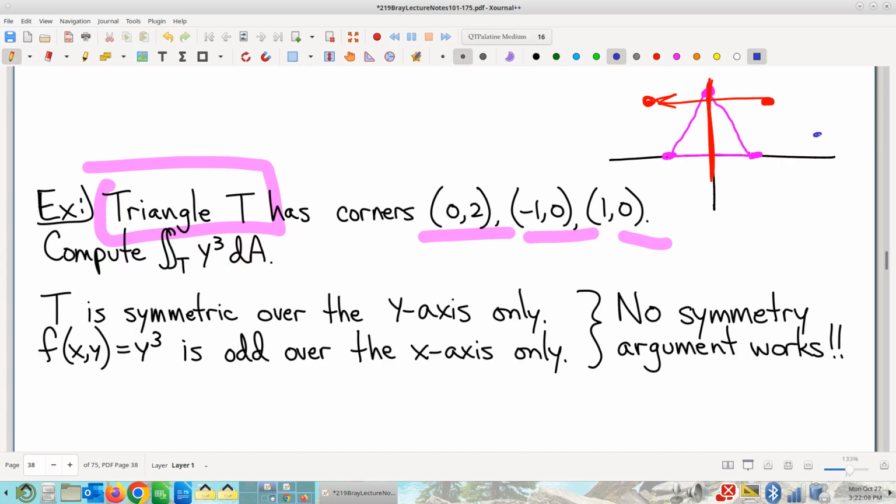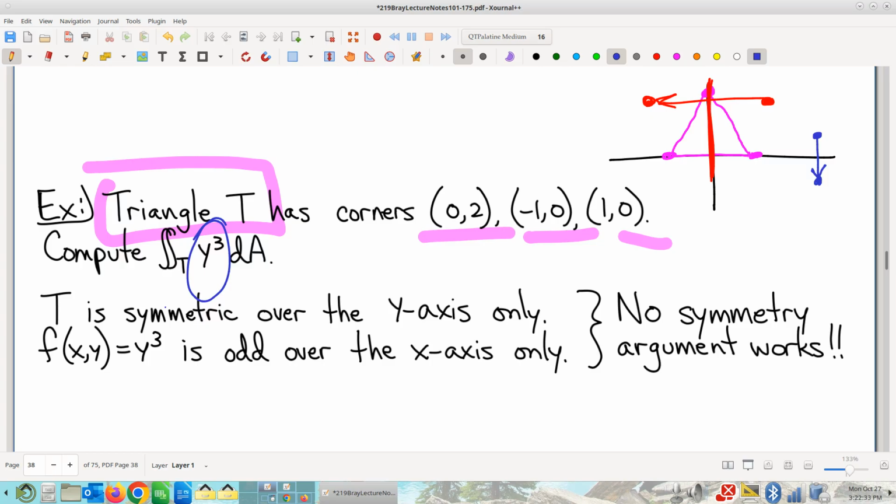In other words, if you were reflecting through the x-axis, then that would be odd. So we have a symmetric domain, yes, but the line of symmetry for the domain and the line of odd symmetry for the integrand are different lines. The symmetry theorem does not apply.